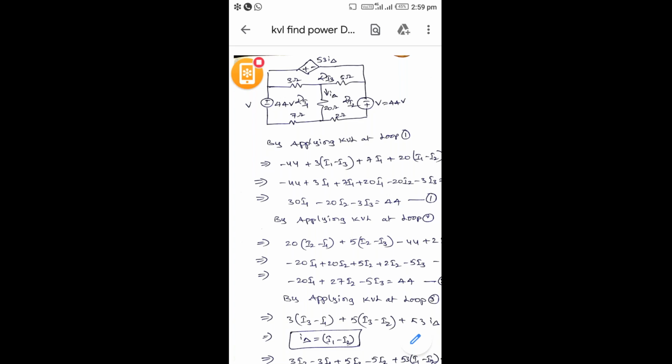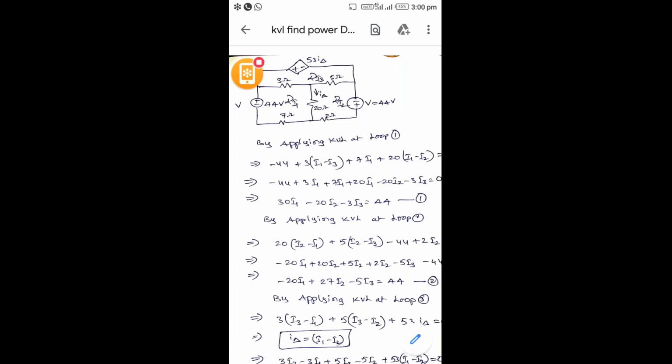minus 44 plus 3 times I1 minus I3 plus 7 I1 plus 20 times I1 minus I2 is equal to 0.